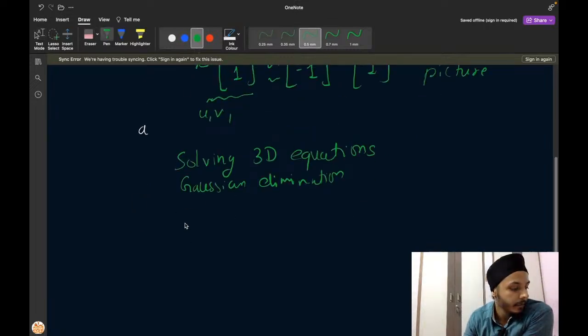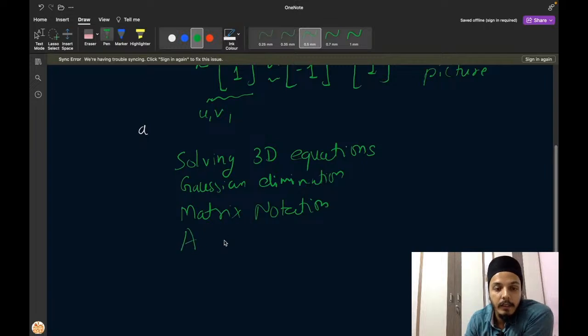The second part that we will see is matrix notation. The third part that we will see is the factorization of the matrix, that is given a matrix A, we factorize it into the lower triangular matrix L, the diagonal matrix D, and the upper triangular matrix U. Then we will see singular cases.